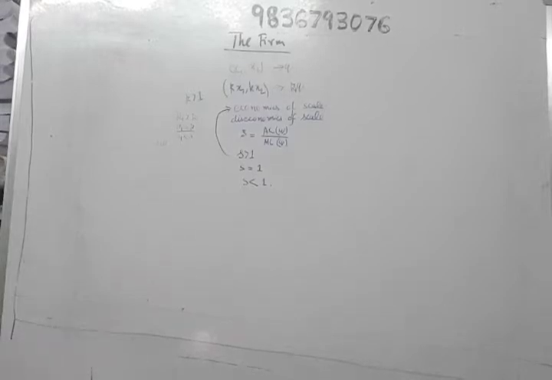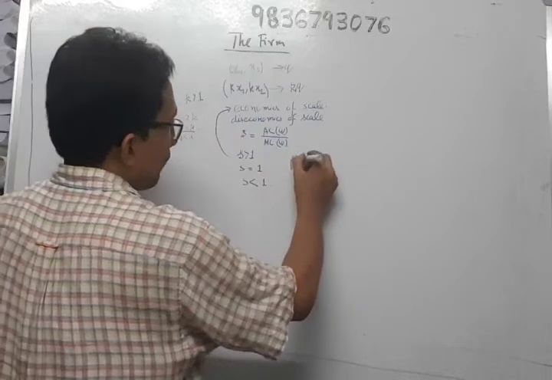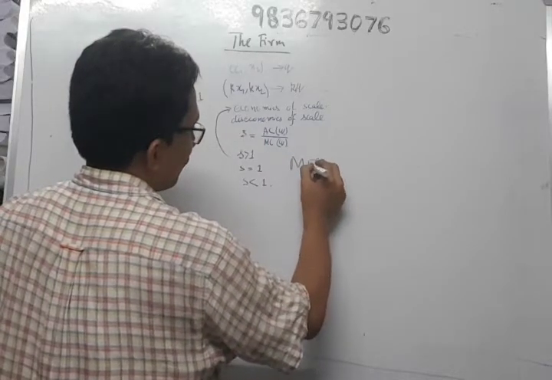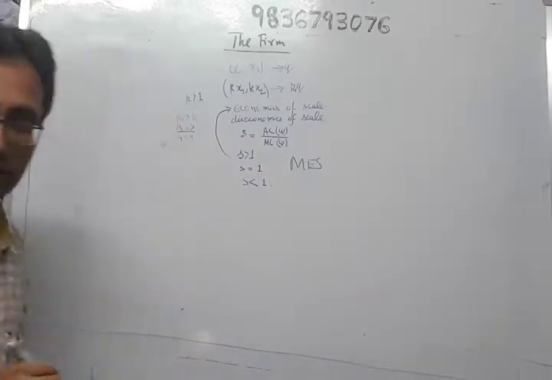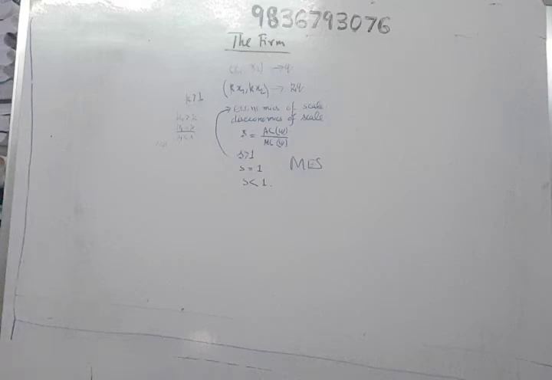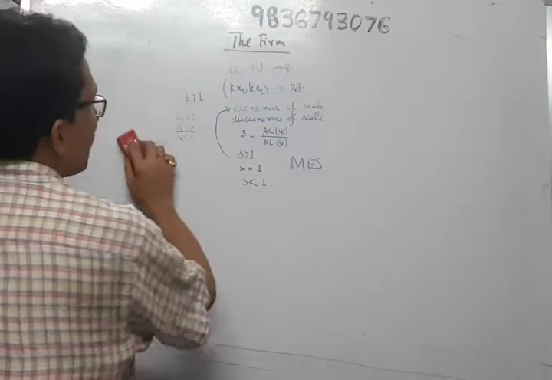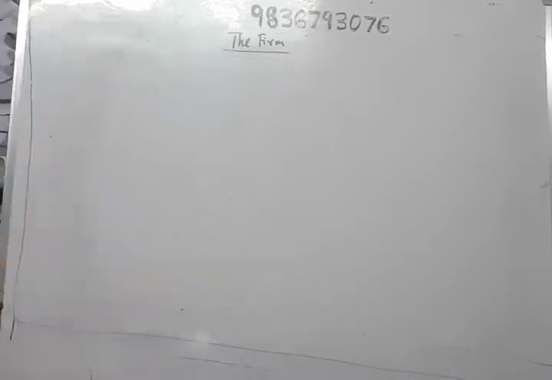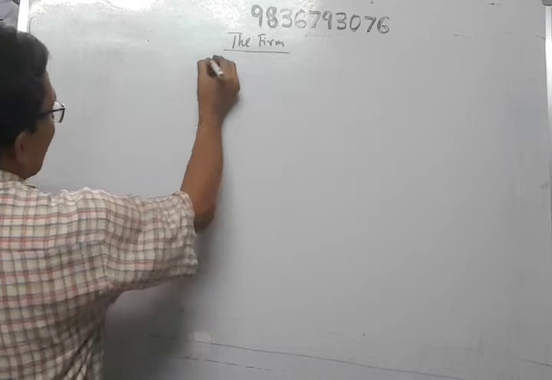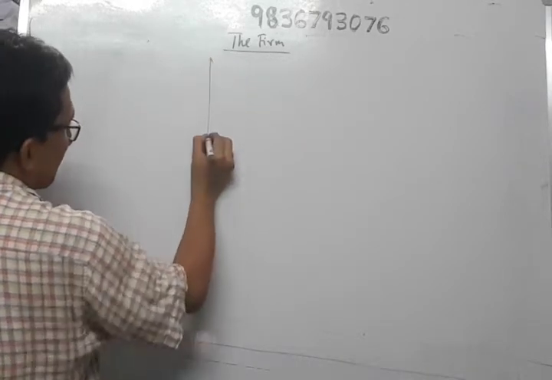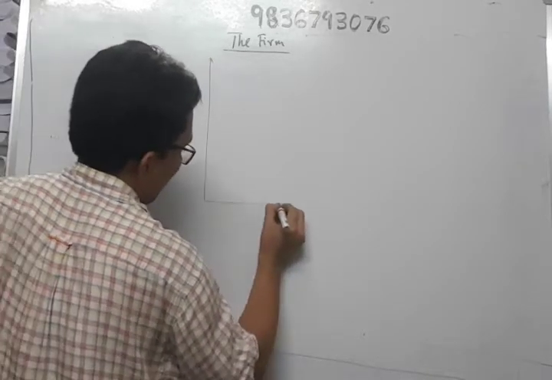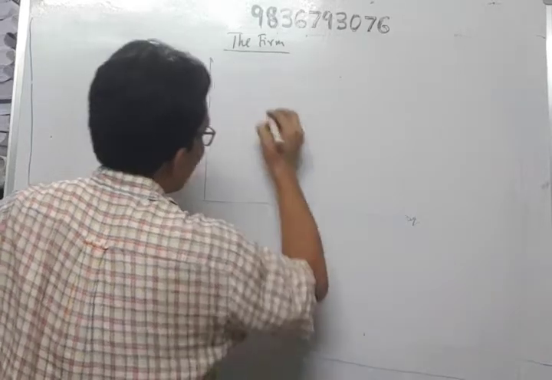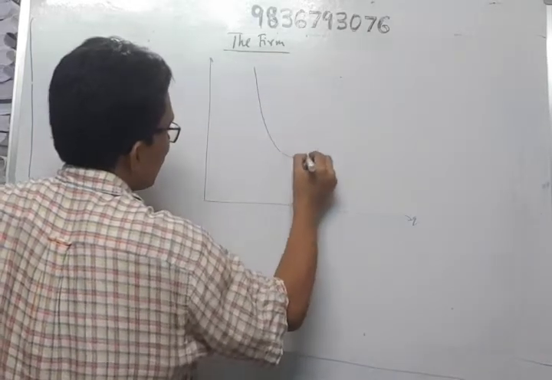Now, there is also a related concept associated with it, which is known as the MES, or the minimum efficient scale. So when this MES is applicable, if we remember the structure of the short run average cost curve, it is basically U-shaped.